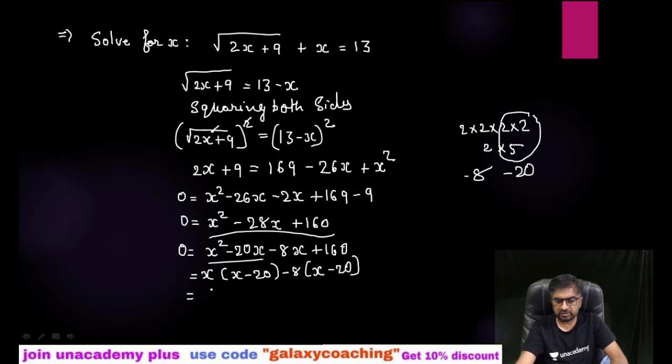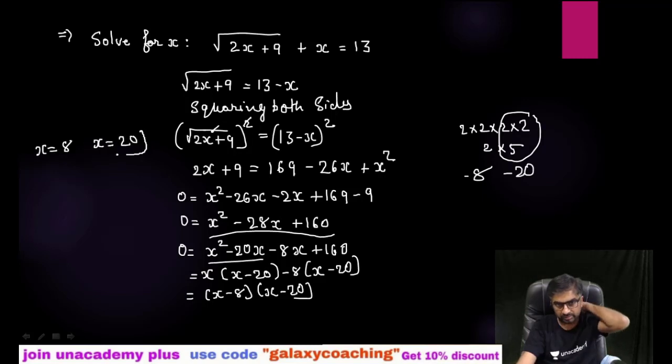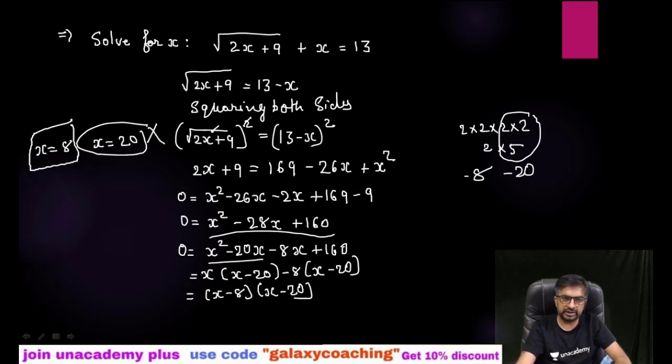So the factors, still one thing you need to keep in mind, x minus 8 and x minus 20 are the factors. So the values of x can be equal to 8 or x can be equal to 20, but here x equals to 20 is not possible. Only x equals to 8 is the possible answer, because if you will keep it here and try to solve this, you will not get the proper answer.